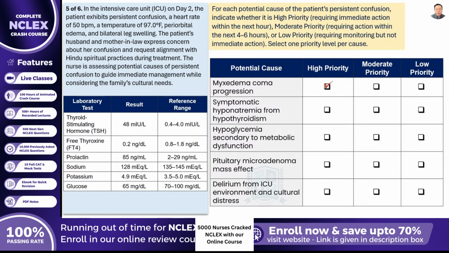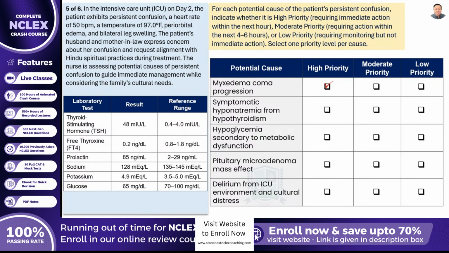And this is a true endocrine emergency. And even though she's already started on the IV levothyroxine, she might not be fully stabilized yet. And confusion is a classic sign of central nervous system involvement, and it might get worse before it gets better. And that's why we are placing this as a high priority.